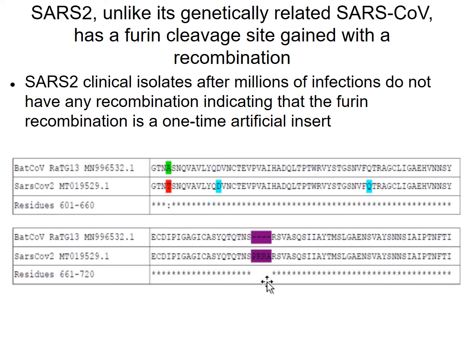After millions of infections and almost thousands of sequences, we see no other insert in those clinical isolates infecting humans, or another recombination on the spike protein, nothing. Just a one-time special event, and I'm going to explain the logic of this, why it's an artificial introduction.